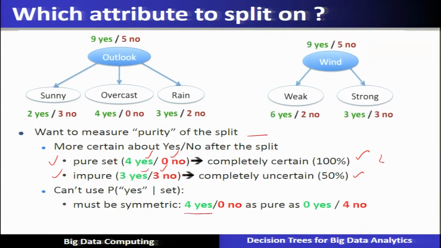So that means whether it is all yes or all no's, both are called pure subsets, wherein the decision is 100% certain to be correct. Whereas if the set is impure, then it is uncertain that the decision is correct. So we are going to evaluate this measure of purity to split on.